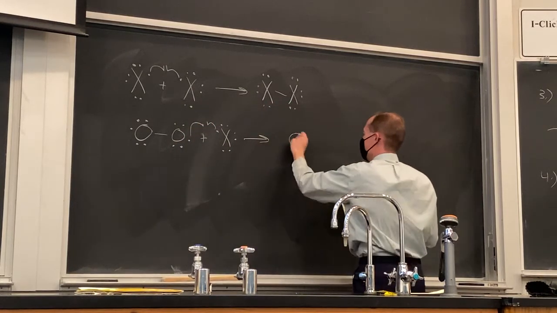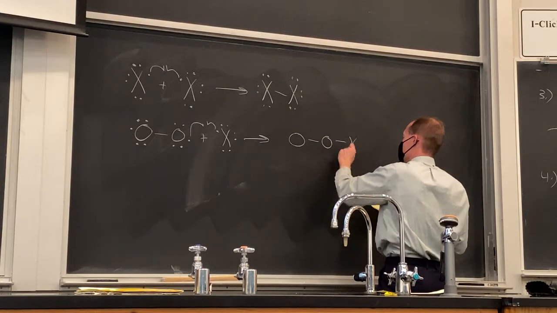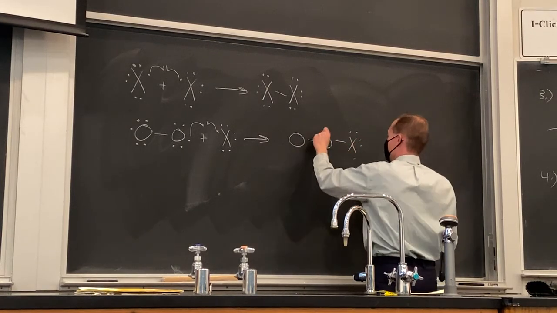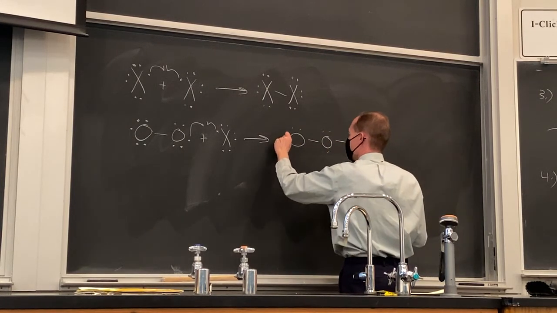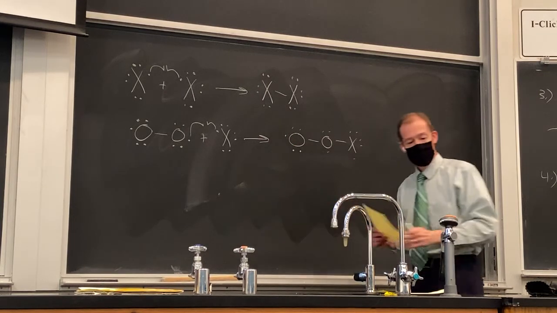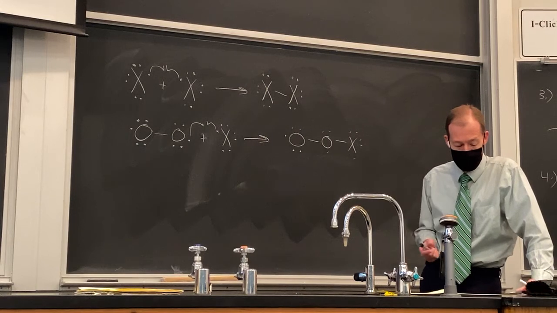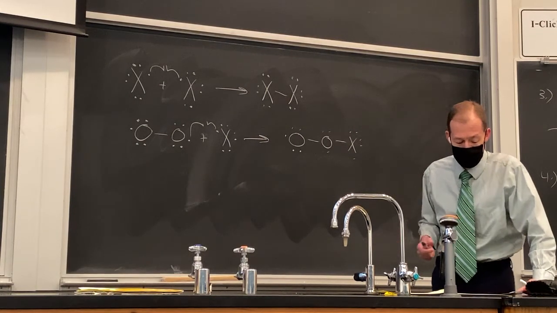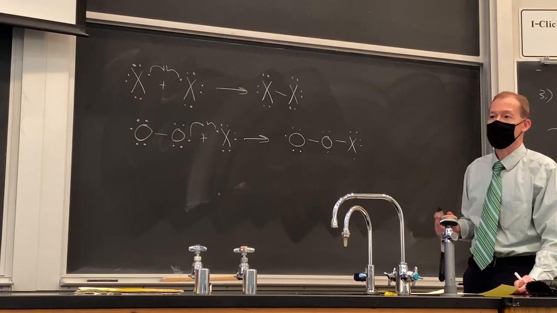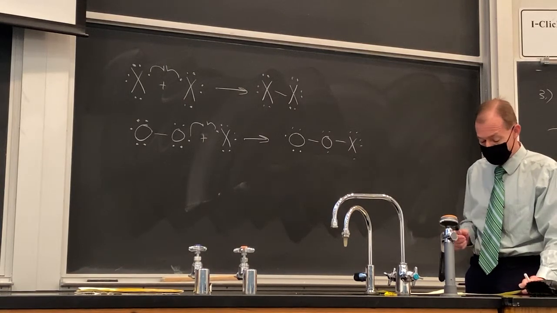And you can form something looking like this. Okay? So oxygen colliding with another radical is the most common time that we see two radicals colliding with each other.